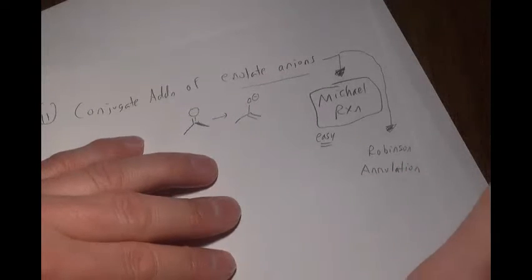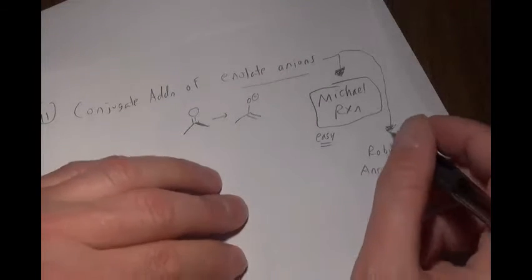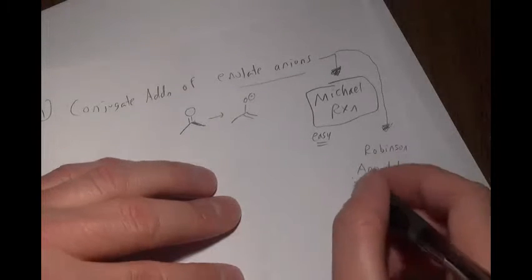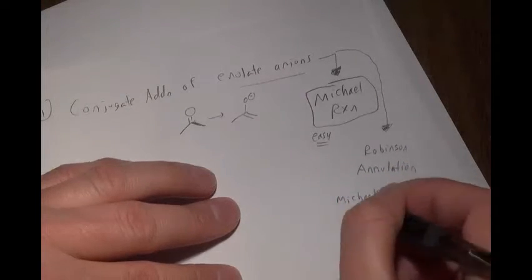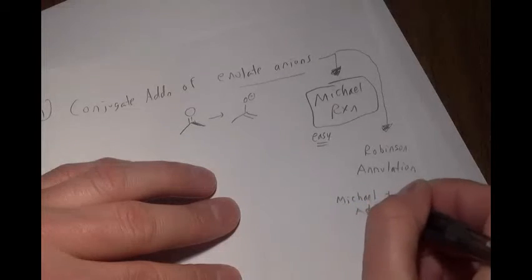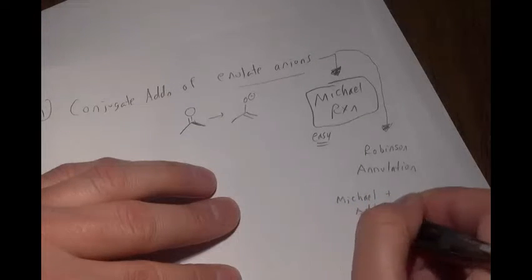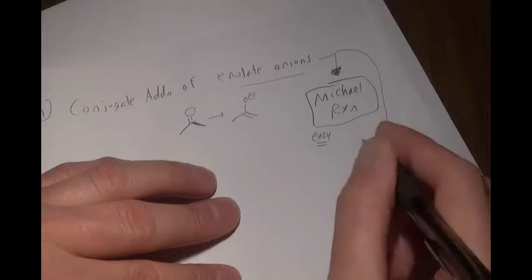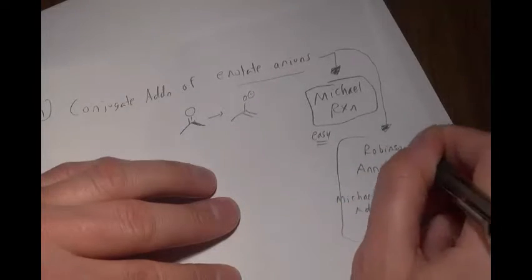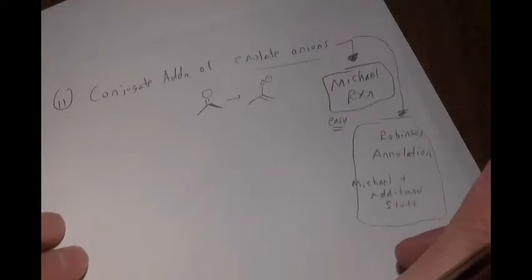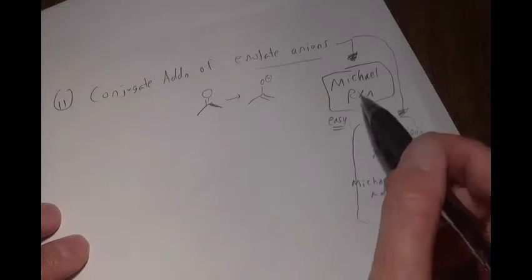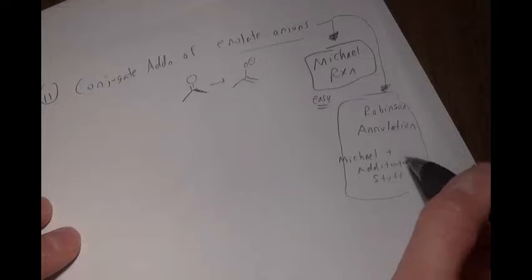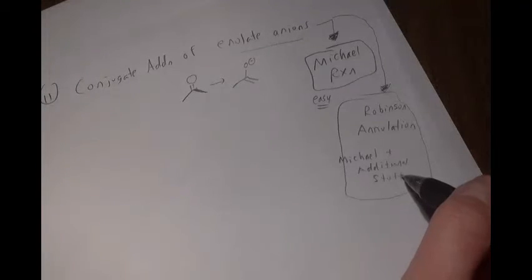The Robinson is essentially a Michael plus additional stuff. I'll go through them both, obviously. The Michael is the simple idea, and then the Robinson is a Michael plus a couple more steps.